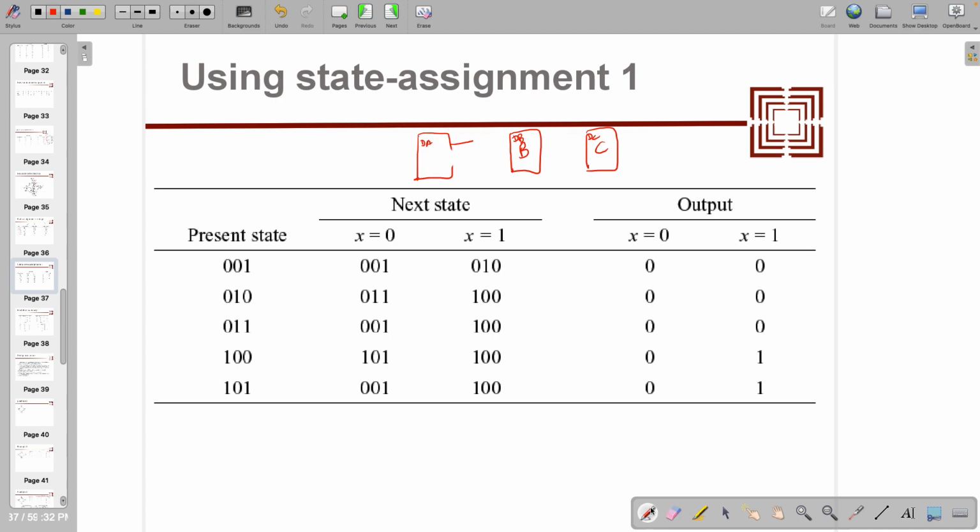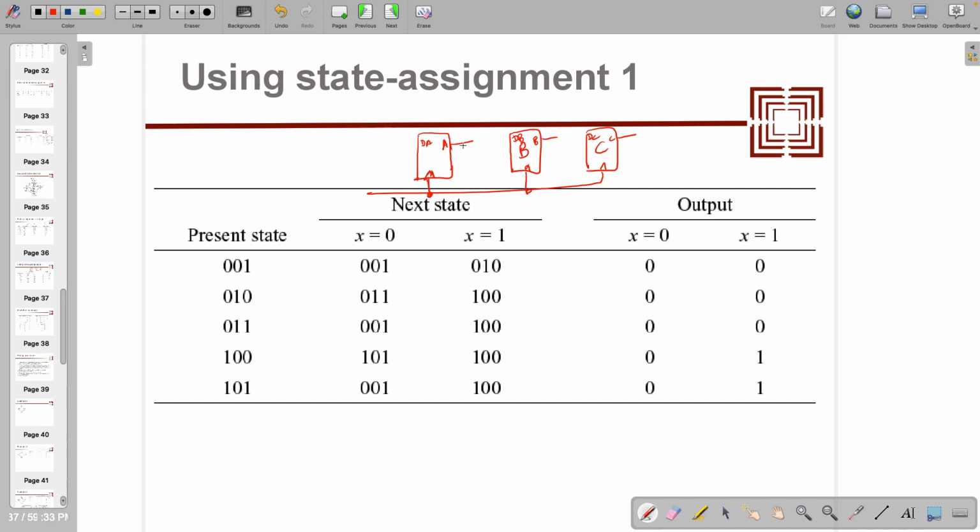You can call them as A, B and C, A, B and C acting as present state as well as next state with those combinations. Those are written over here. Same way we have to keep the clock simultaneously over here. Do not forget to keep this clock. If you do not keep the clock, then the whole system will not work, right? So for the synchronous design it has to be there always.